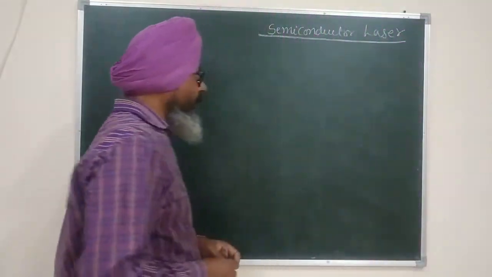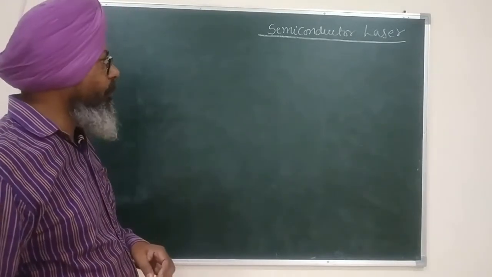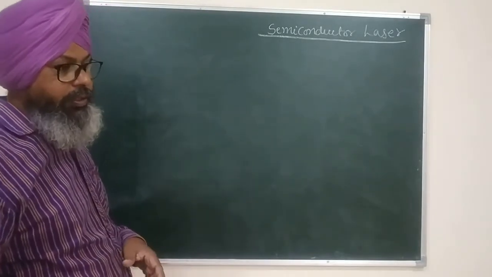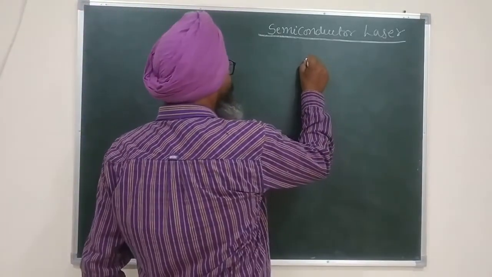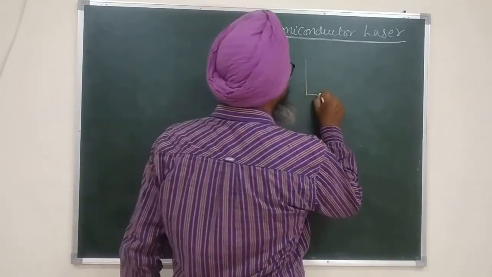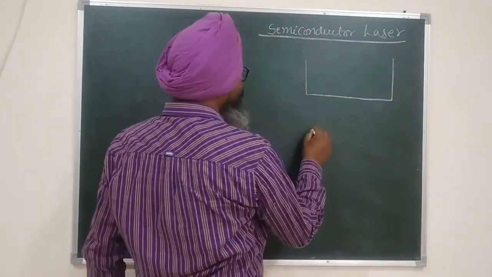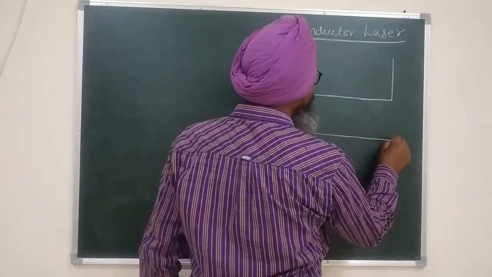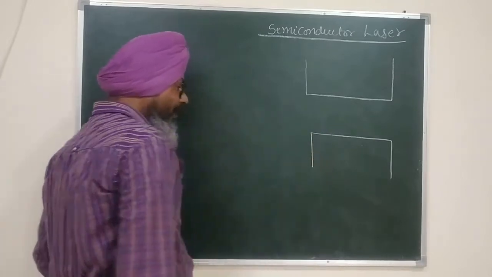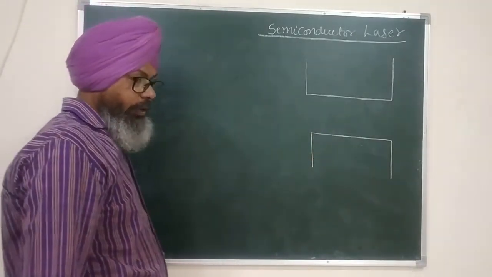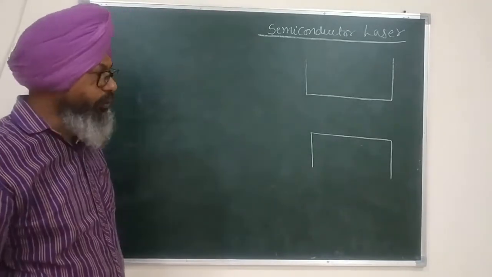We know that in the case of semiconductors, if we draw the band diagram of an intrinsic, which is also called a pure semiconductor, it is shown like this. Kindly remember this diagram is drawn assuming that the temperature of the semiconductor is absolute zero.